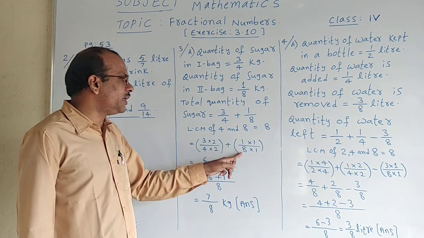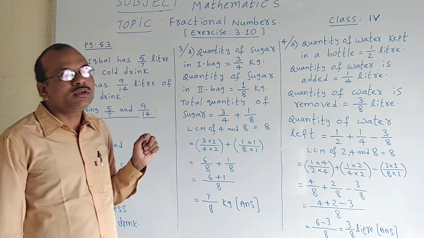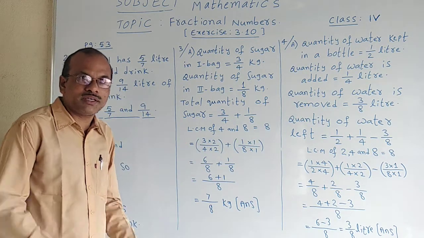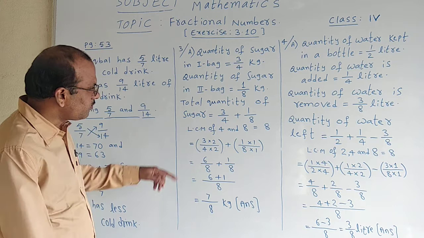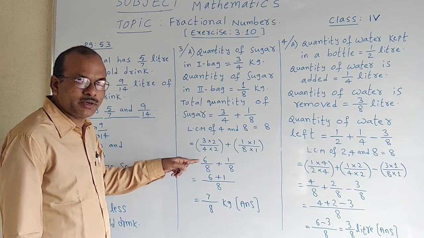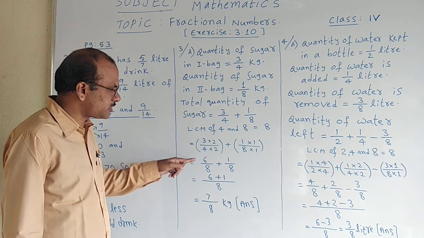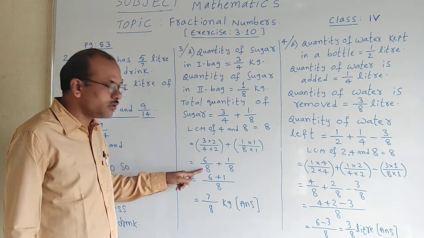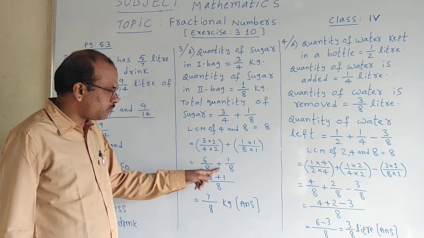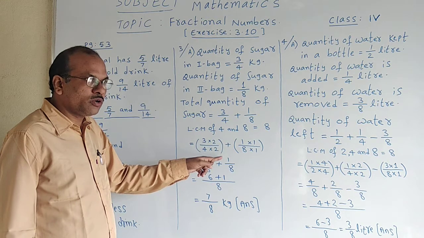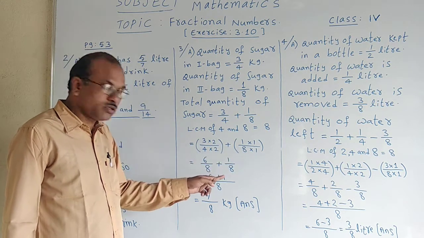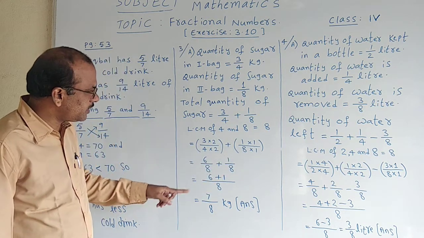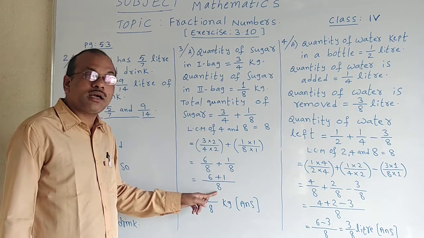Why? Because 8 ones are 8. It is clear now? Then 3 twos are 6 by 4 twos are 8. Again plus symbol. 1 one is 1 by 8 ones are 8.